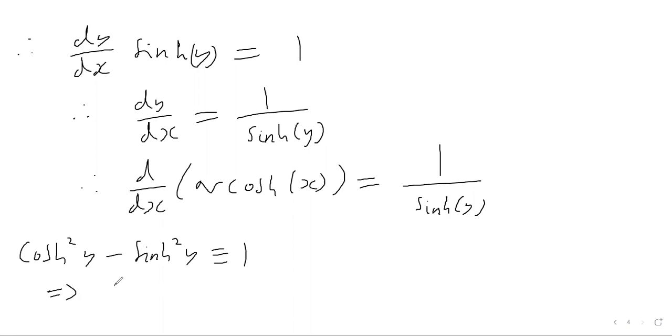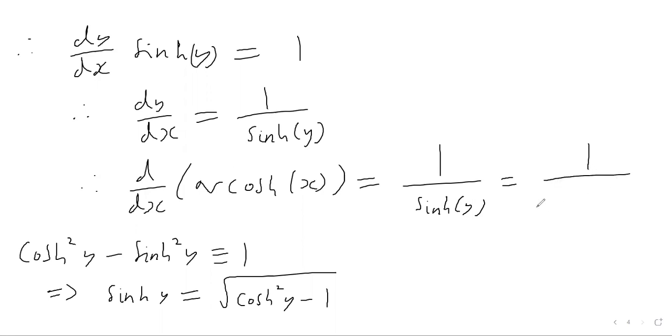You should get that sinh y equals the square root of cosh squared y subtract 1. We're just going to plug that in up here. So this equals 1 over the square root of cosh y all squared, subtract 1.